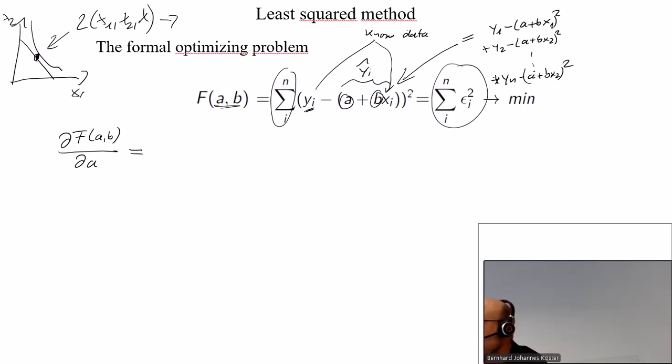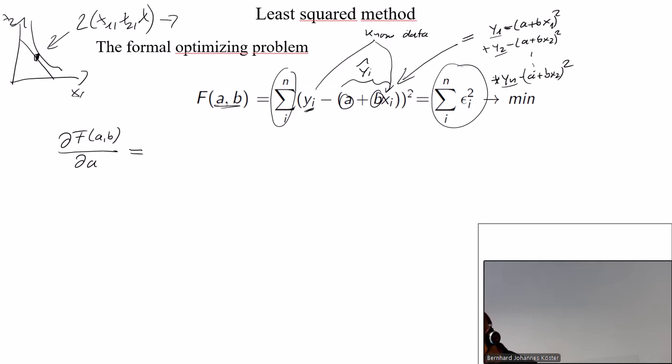And here you have to take the derivative with respect to a. Of course, these are all fixed numbers if you take the derivative, because this is your known data. The derivative of a fixed number is 0, of course. So we can skip this.